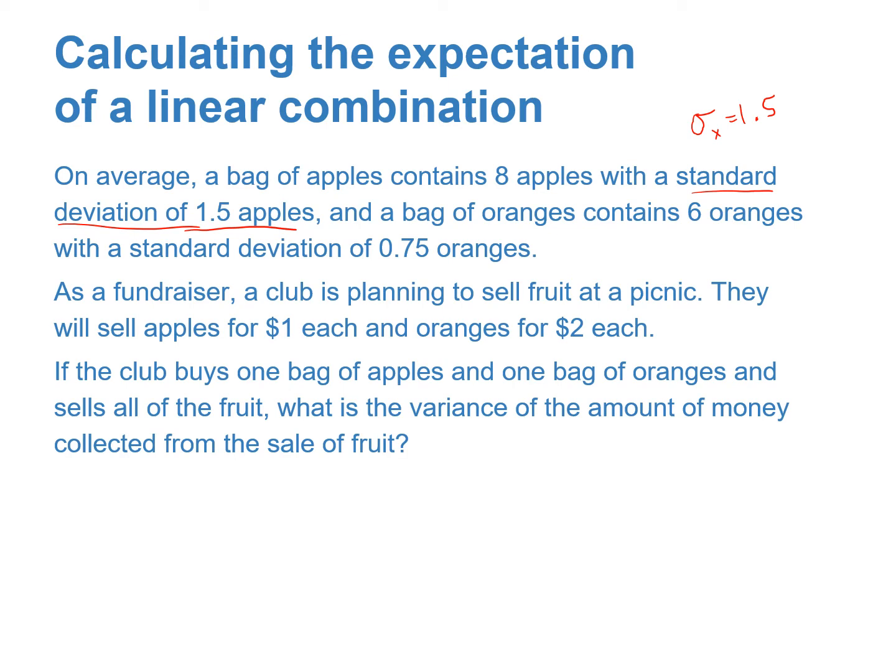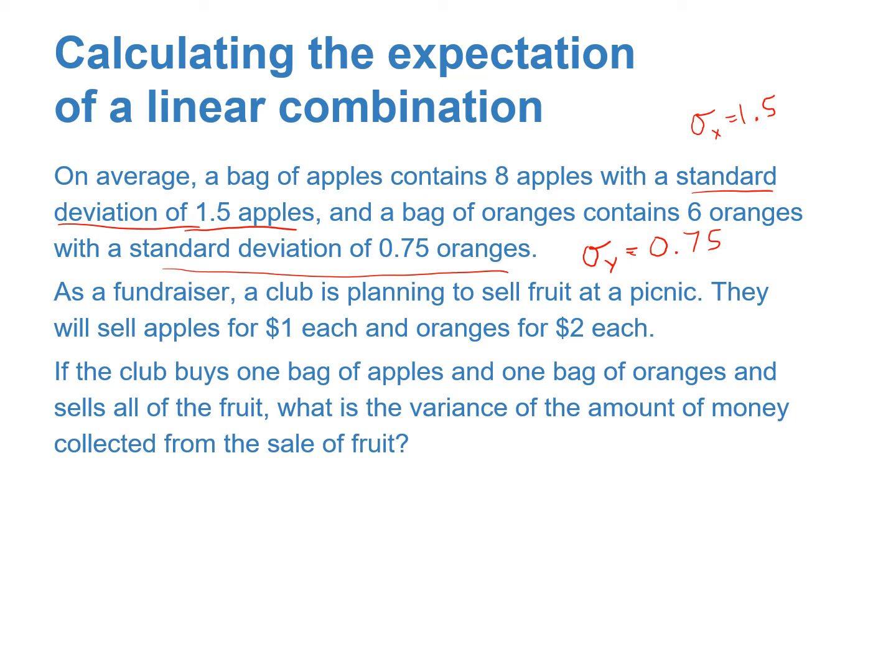The bag of oranges, which is the number of oranges we said was y, on average contains 6 oranges. Standard deviation of that is 0.75. So sigma, our standard deviation for the number of oranges in a bag, is 0.75. At the fundraiser, remember, they are selling apples for $1 each and oranges for $2 each.